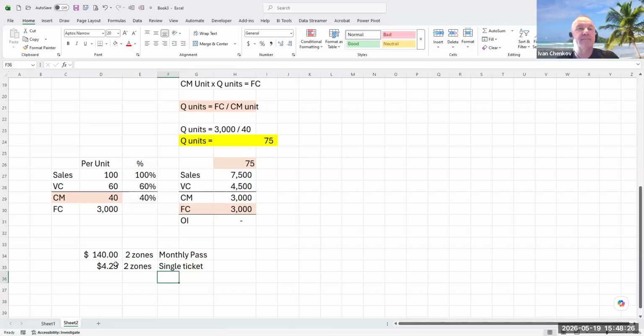Now the question is, how many times you need to ride the SkyTrain in order to make this two zone monthly pass worth it?